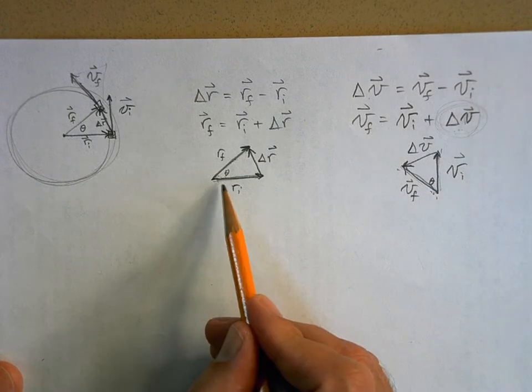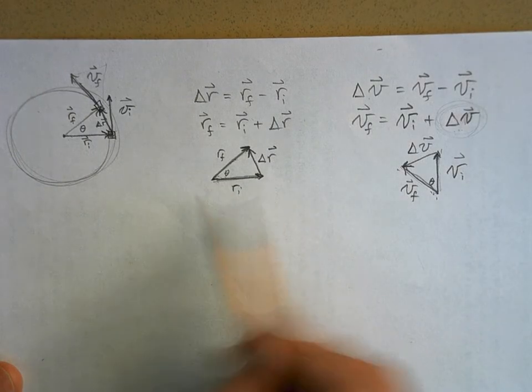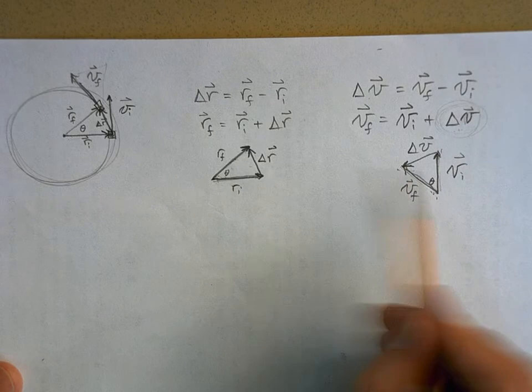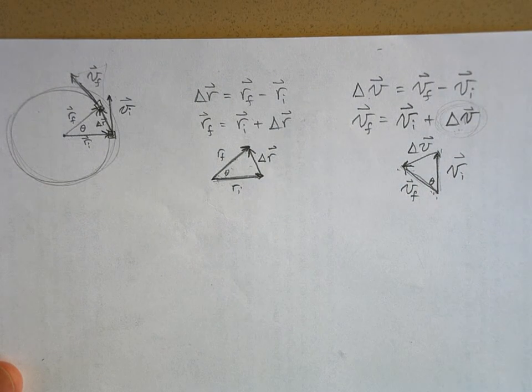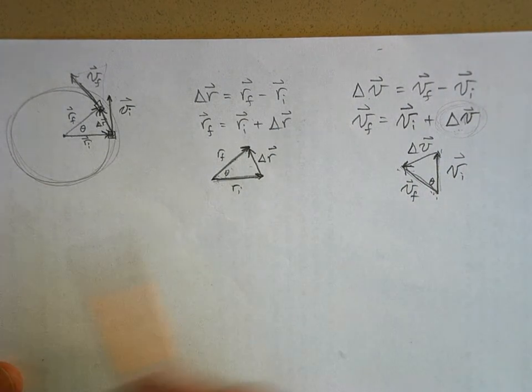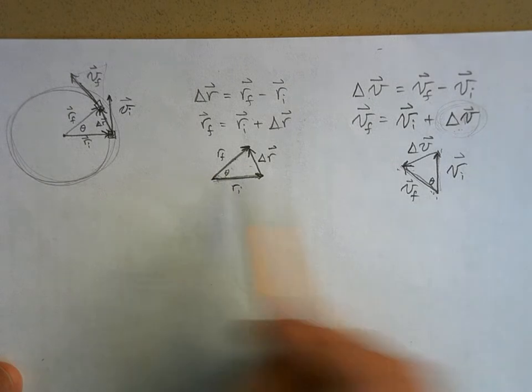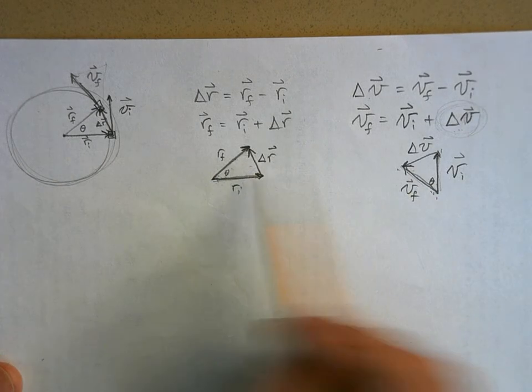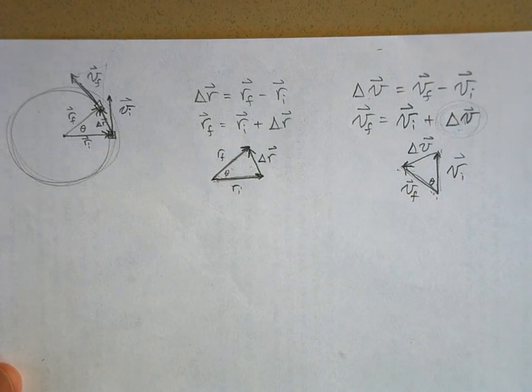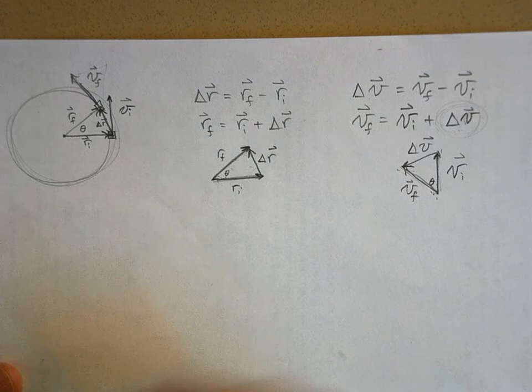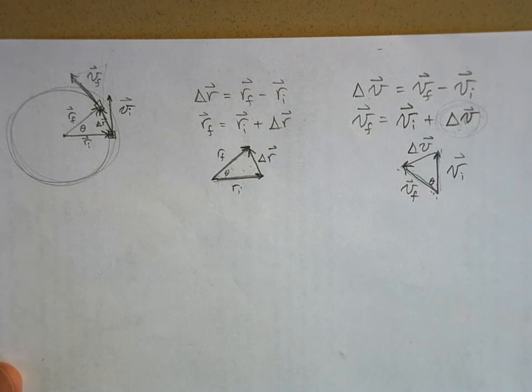It's an isosceles triangle just like this one. These two triangles are both isosceles, and they both have the same angle here, and therefore all their angles are the same. What do we call two triangles where all the angles are the same? They're not congruent, but they are similar. And similar triangles, as you learned in geometry, are proportional.